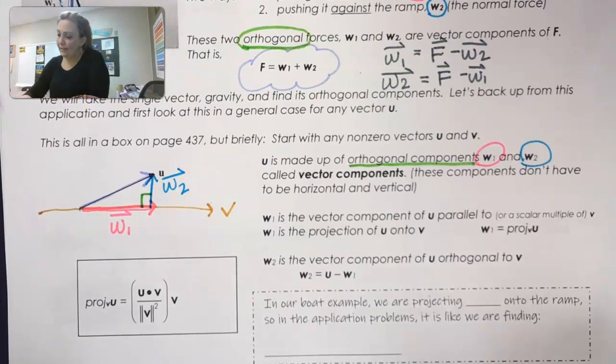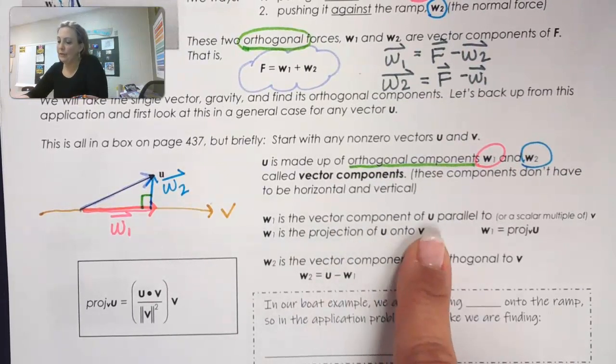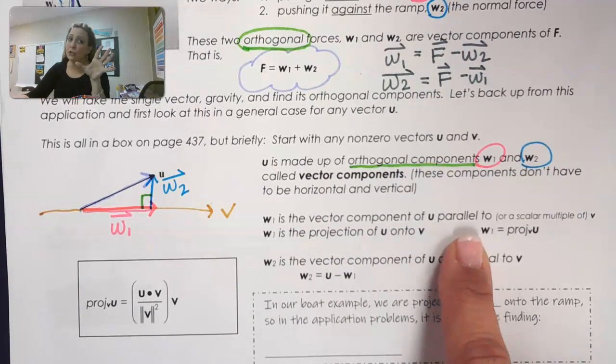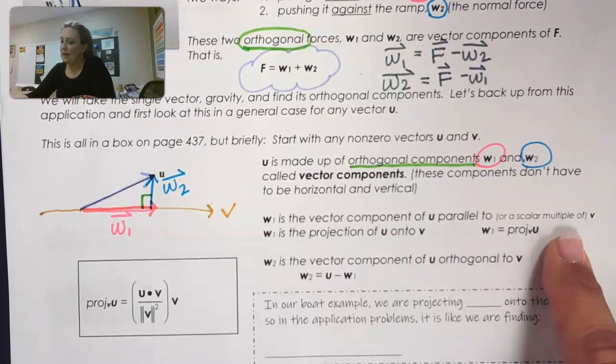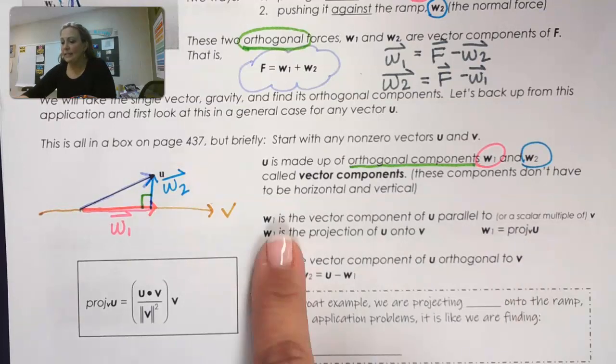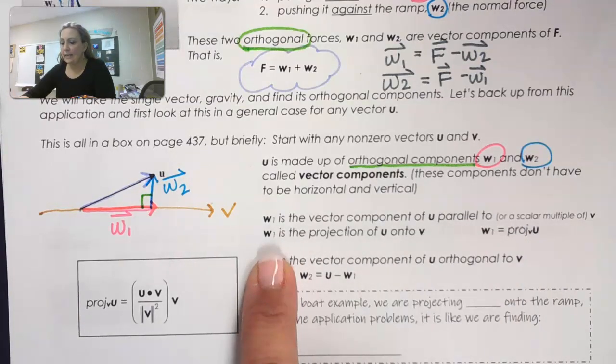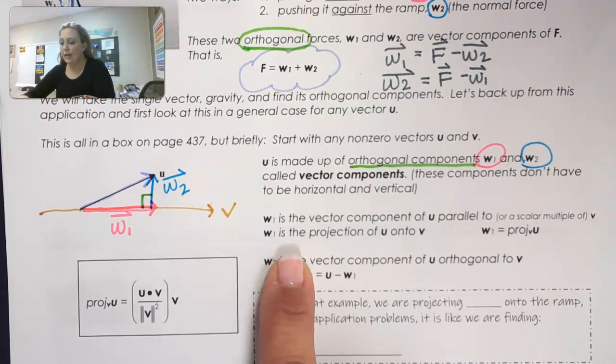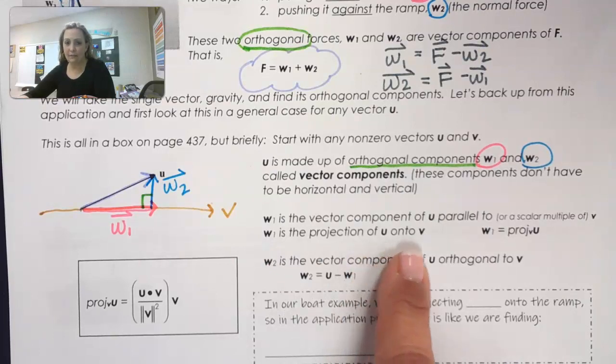Again, W1 is going to be the vector component of u that is parallel to, but in our applications usually a scalar multiple of, v. What we call this is the projection of u onto v.